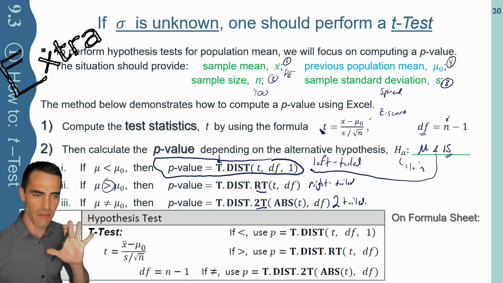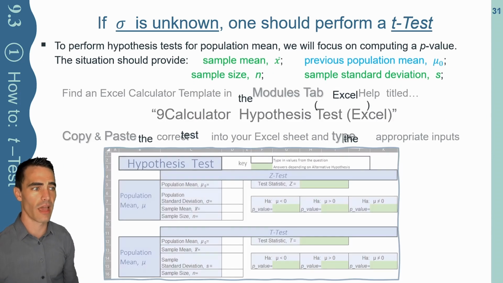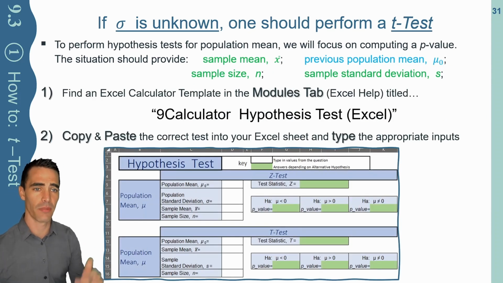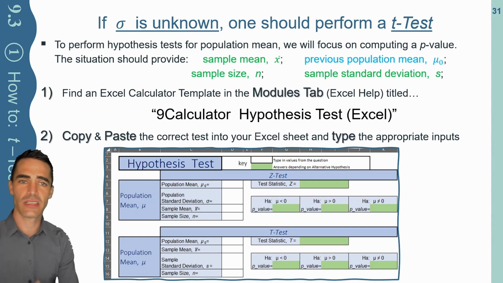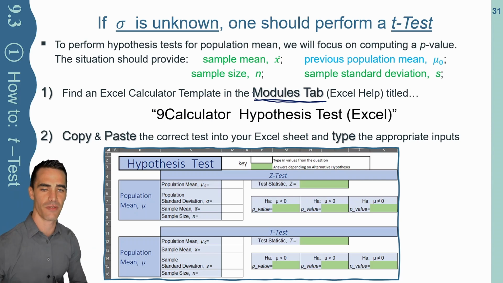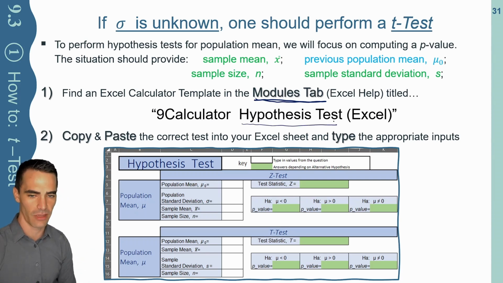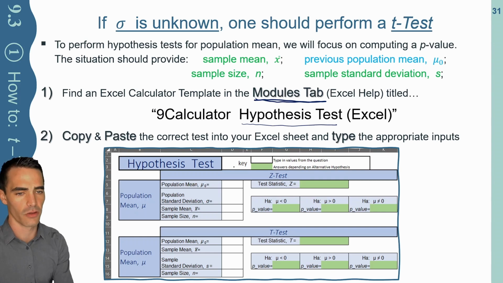Like I said, this is not the main way we do hypothesis tests. It is a way you can compute using Excel. Instead, we'll rely on a calculator template as shown here. We did this previously, but as a little PSA, if you go to the Modules tab or maybe look in Assignments, you should be able to find this hypothesis test template calculator. And it should look something like this. Where look, we had a z-test.